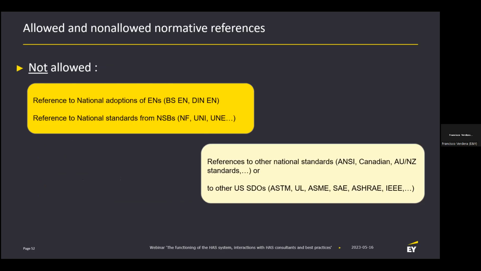Not allowed, normally, is a reference to a national adoption of a European standard or a reference to a national standard. This should be avoided. Also references to other national standards like ANSI, the American National Standards Institute, Canadian standards, Australian and New Zealand standards, or other US SDOs that are very well known and sometimes globally recognized, but are not in the strict sense international standards organizations: ASTM, UL, ASME, SAE, ASHRAE, or IEEE.